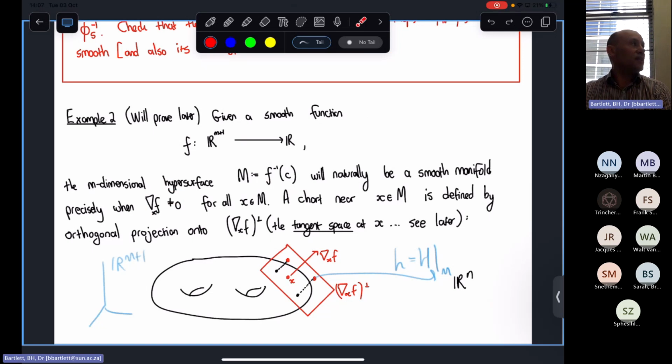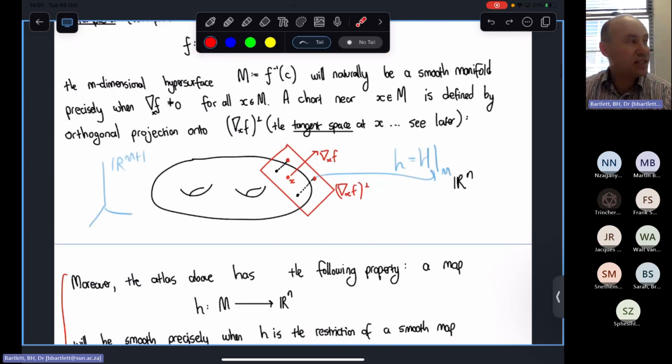So you're not allowed to have all of its components be zero. So as long as the gradient vector is non-zero at every point on the hypersurface, then it will naturally be a smooth manifold. Okay, so I've drawn a picture of that there.